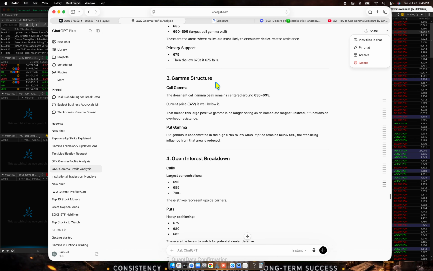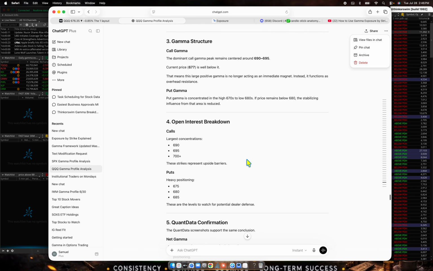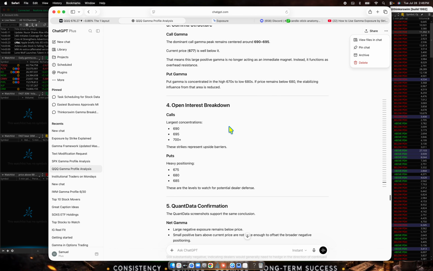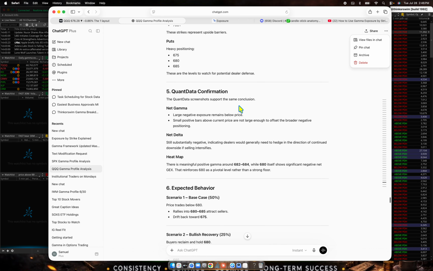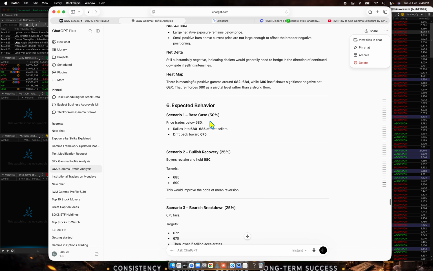It gave us our gamma structure: current price is well below it. That means large positive gamma is no longer acting as an immediate magnet. Instead, it's functioning as overhead resistance. Put gamma is concentrated in the high 670s to low 680s. If price remains below 680, the stabilizing influence from that area is reduced. Then our open interest breakdown, where the open interest is for calls and for puts, our Quant Data confirmation, our net gamma, net delta, our heat map, and our expected behavior.